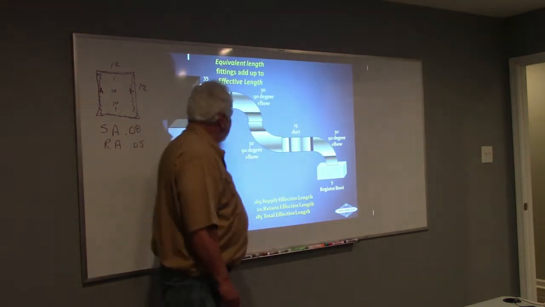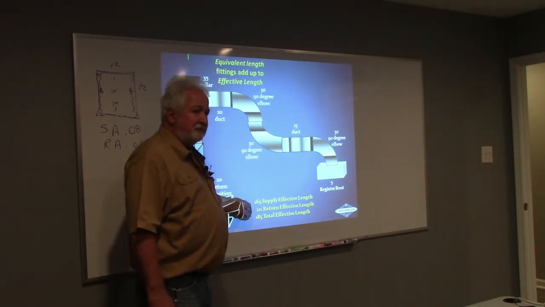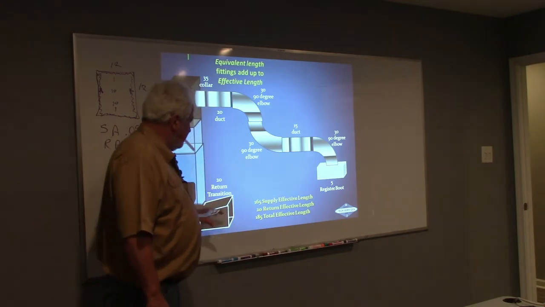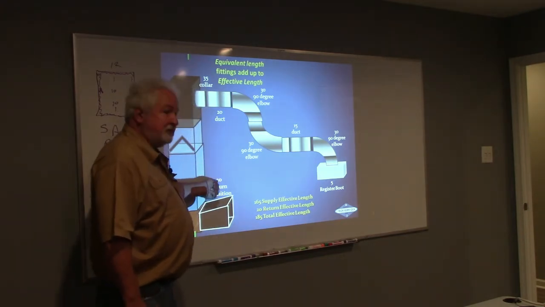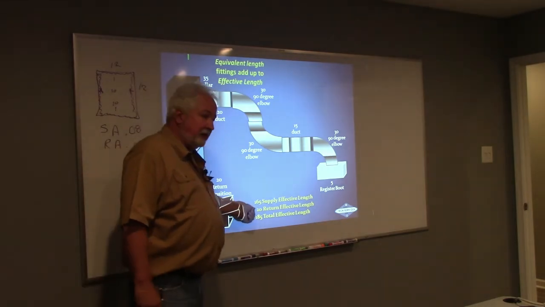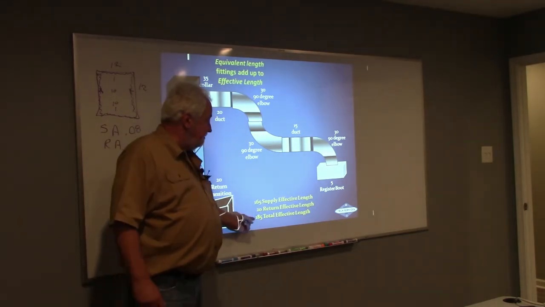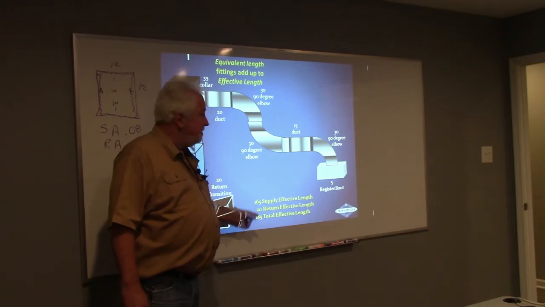So I'm adding these up. I have 165 feet of supply air ugly duct. Go to the return side. That transition equated to a 20-foot equivalent. So on my return, I've got 20. My total ugly duct is 185 feet of duct. And that's not much.